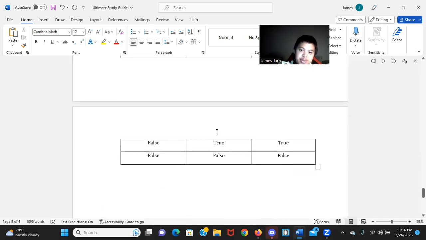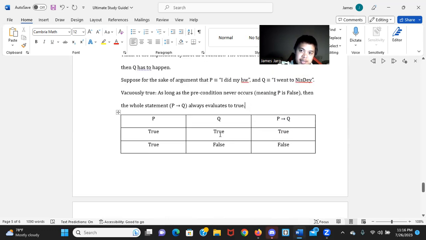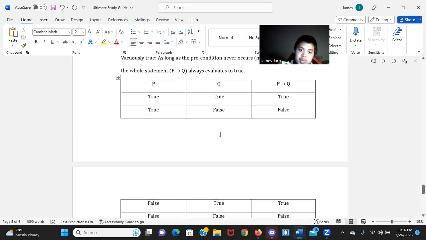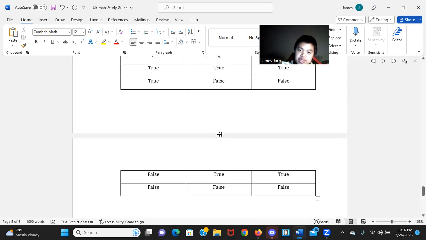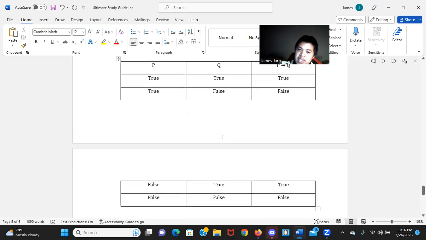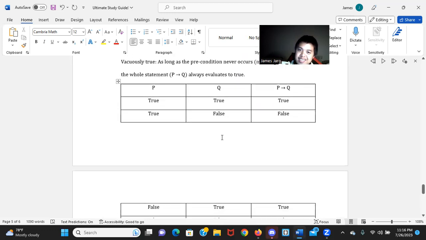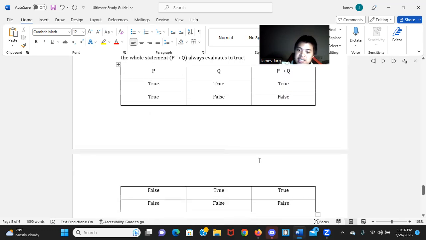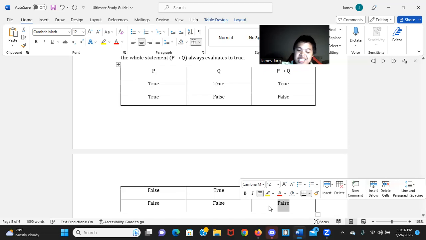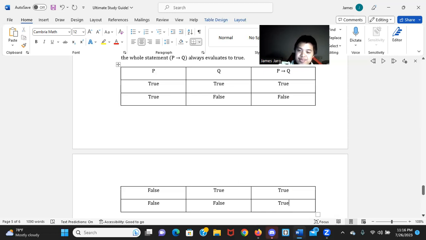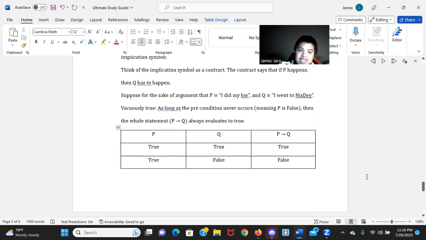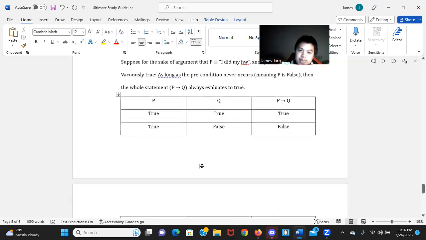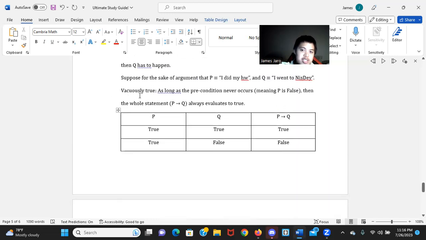And then the final one is what happens if P and Q are both false. Well, by nature of vacuously true, we know that the contract still holds, because there's nothing in the contract that says what happens if P fails to have happened, which is the precondition.